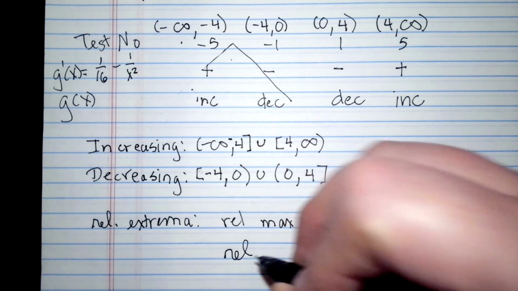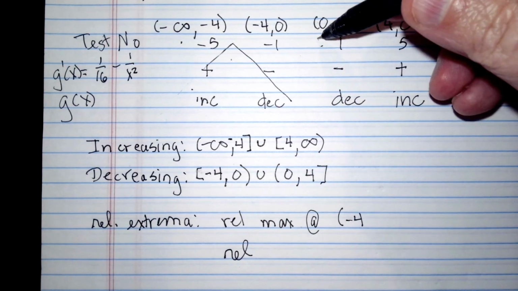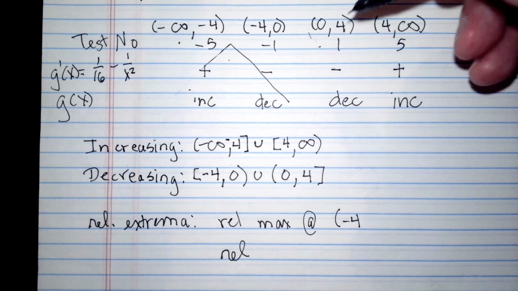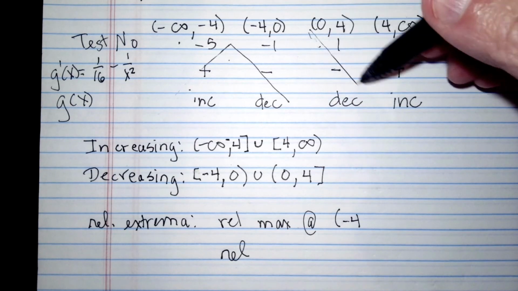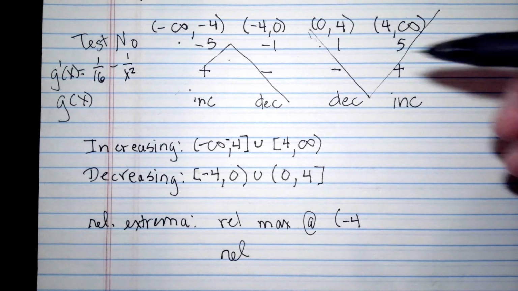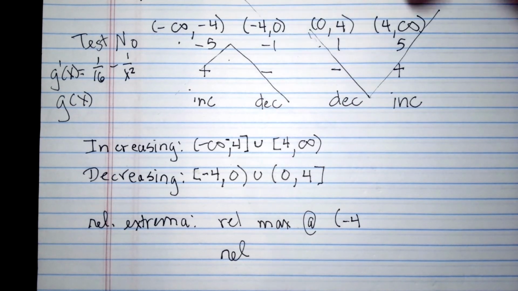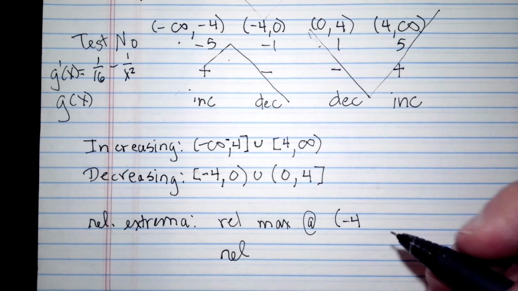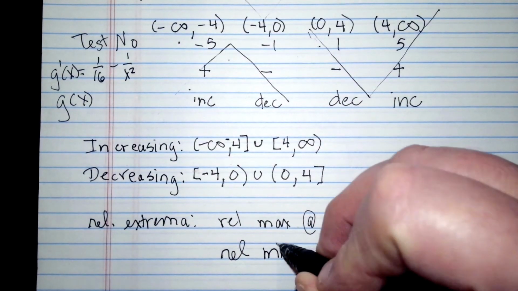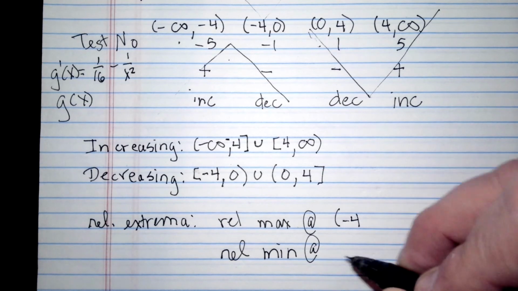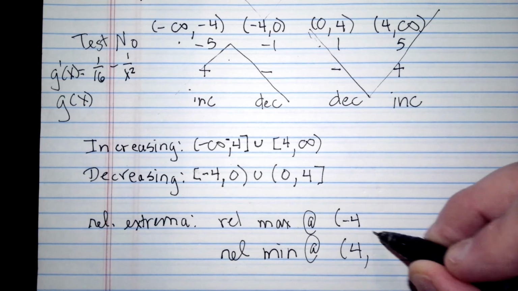And I think it's got a relative minimum at this other critical number. Yes, the function is decreasing and then increasing. So we've got a relative minimum at x equals +4.